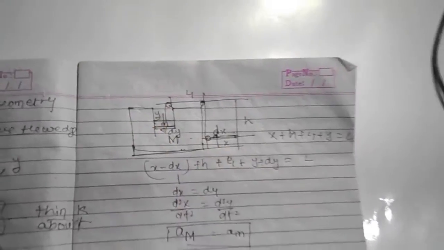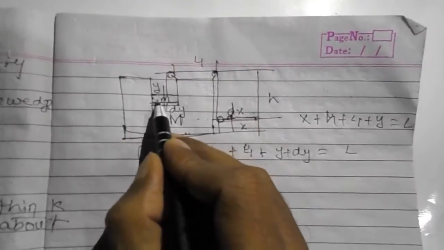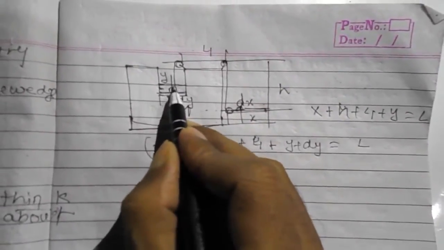Now what I am trying to say is that this block is not going to leave this contact point.